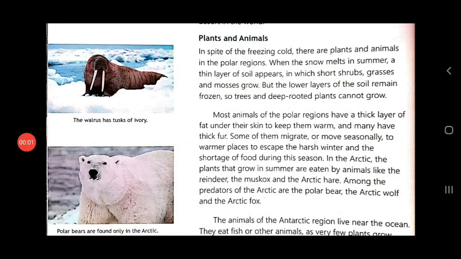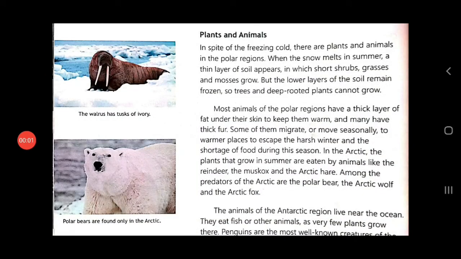Now children, what they are telling is, in the Arctic, the plants that grow in summer, जो plants summer में grow करते हैं Arctic में, okay, they are eaten by animals. Which animals? Animals like reindeer, muskox, Arctic hare, okay.